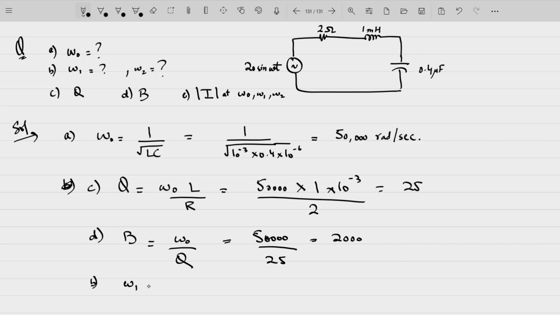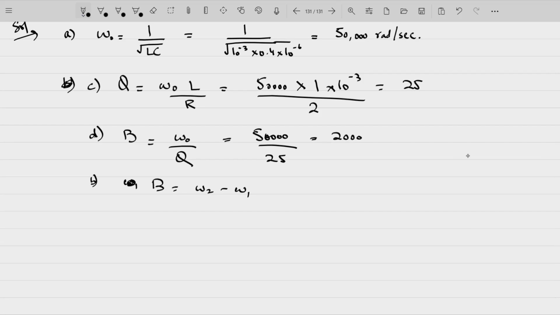Now to find out omega 1 and omega 2, we know that the bandwidth of the system, B, is equal to omega 2 minus omega 1. So if this represents our resonant frequency, this represents omega 1, this point represents omega 2.